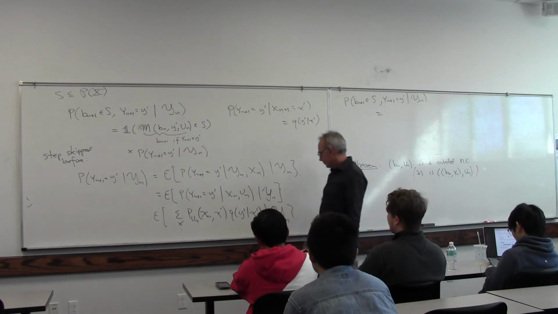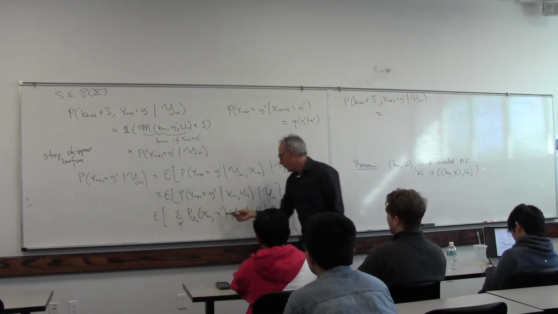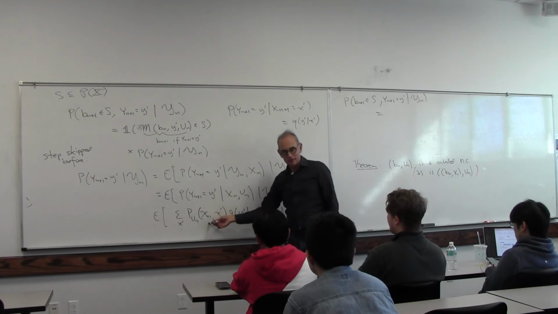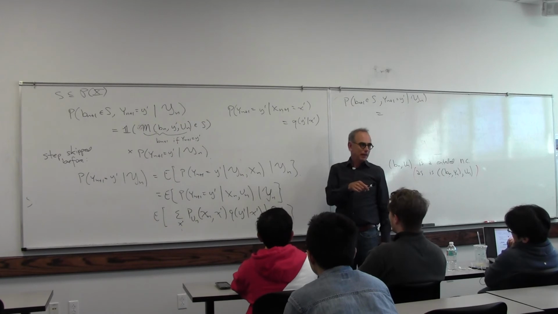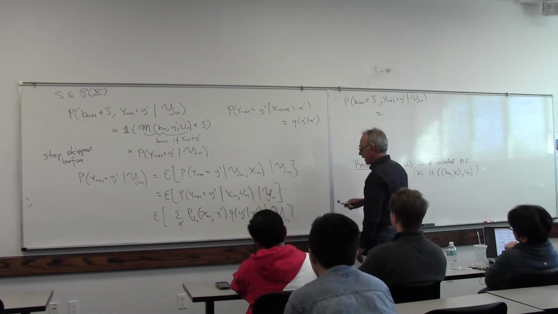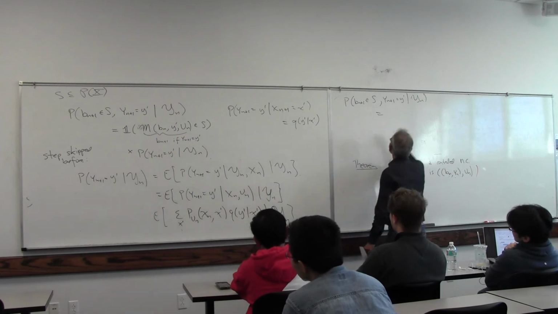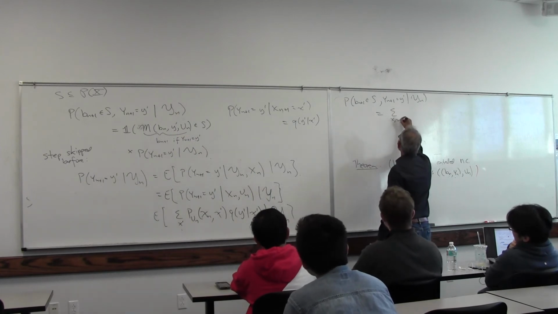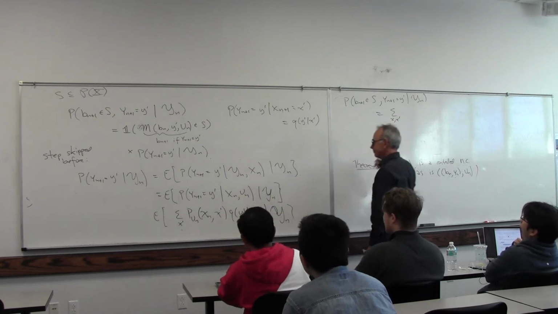Okay, so now I've got one random variable Xn, and this whole thing is just a function of capital Xn, and I'm taking the conditional expectation given Yn, that's where Bn of x comes in. So I have a sum over x prime here, now I'm going to sum over x as well. And so I've got this whole mess here.